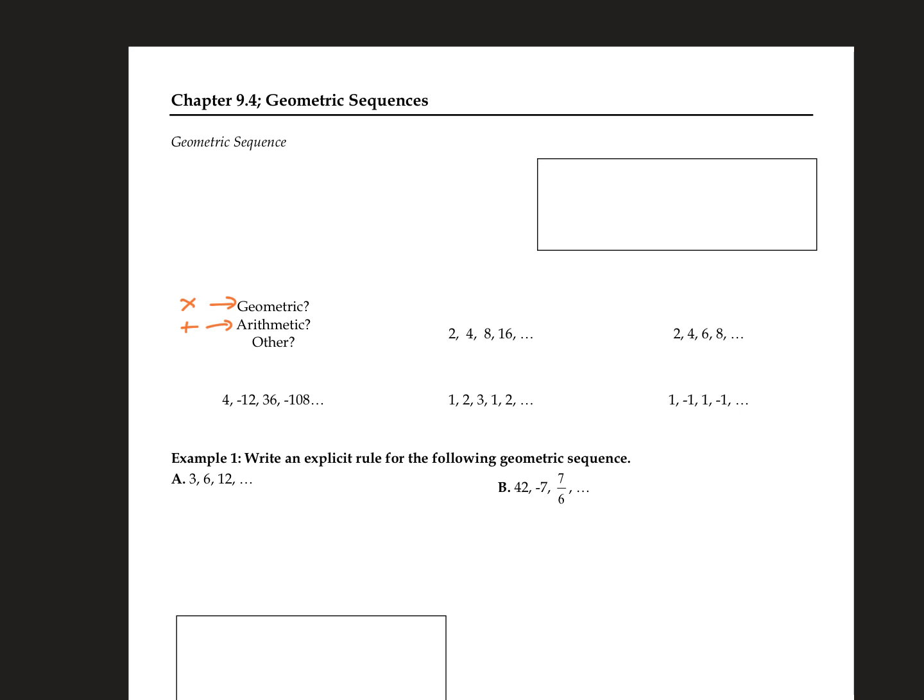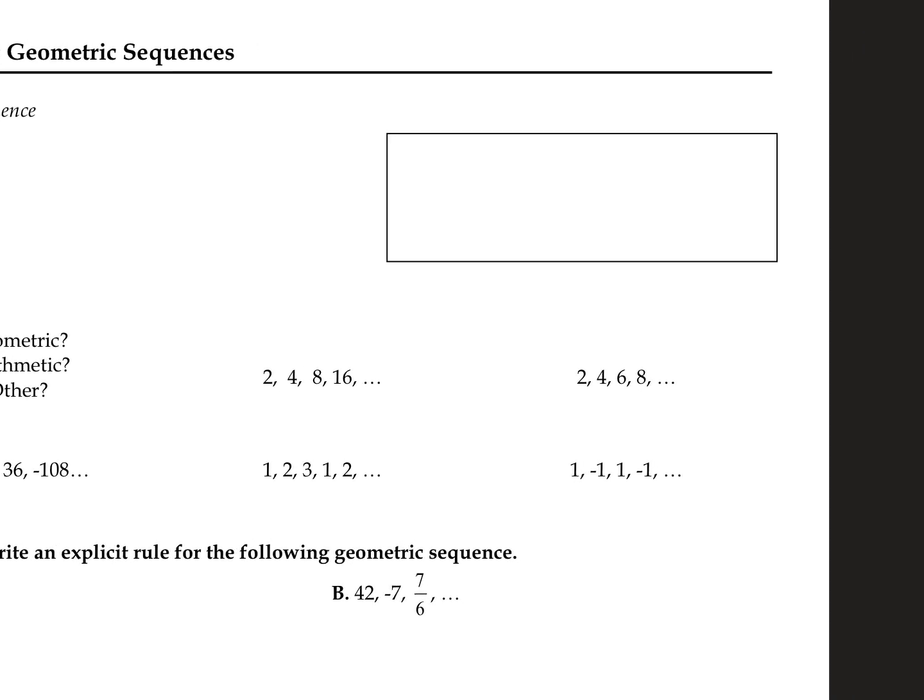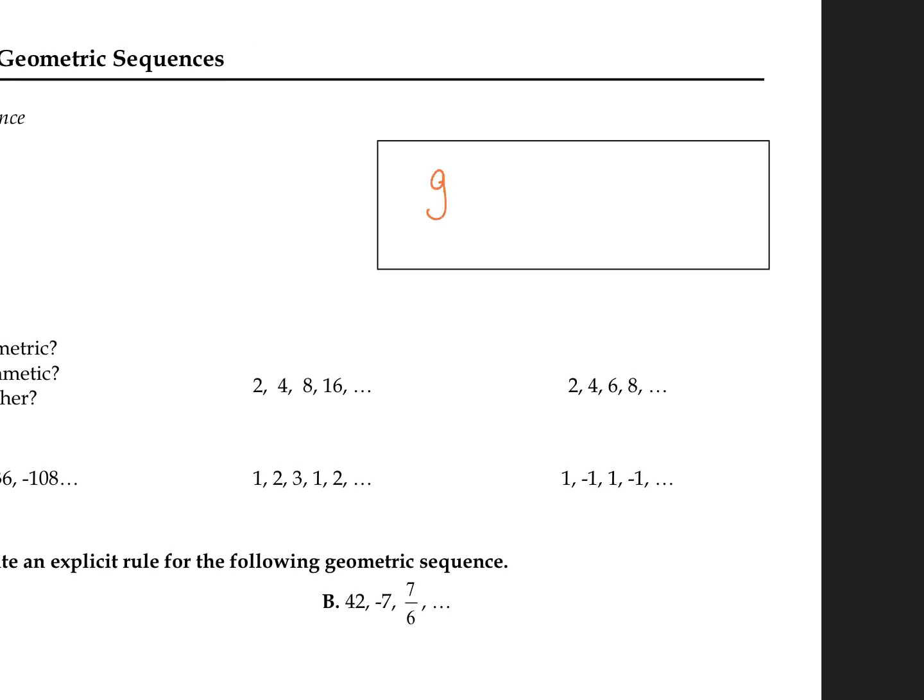So your geometric sequence formula, some notation you're gonna have to see: g sub n is gonna equal g sub 1 times r to the n minus 1 power. So this is your term.